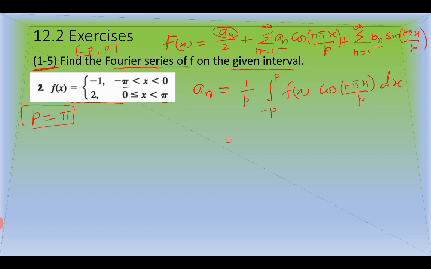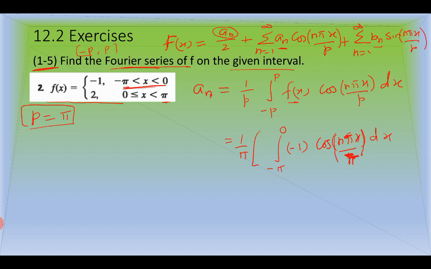So when you substitute them here, 1 over pi, and this negative pi to pi can be separated into two parts. First part is negative pi to 0, where f of x is negative 1, cosine n pi x over p dx. P is pi, so this pi and this pi can be cancelled.